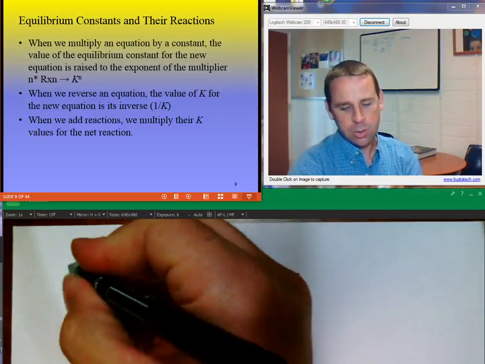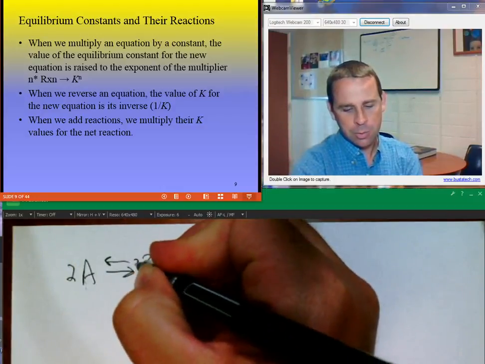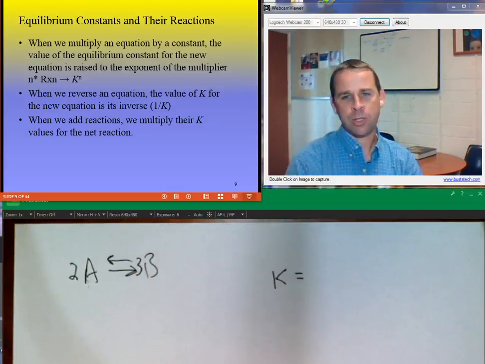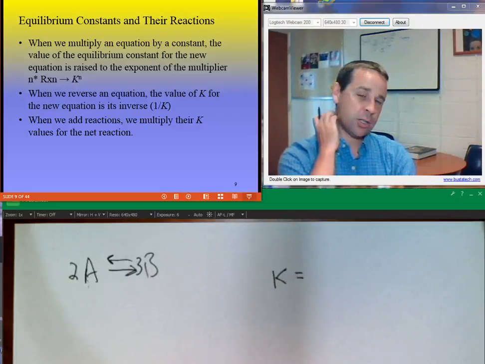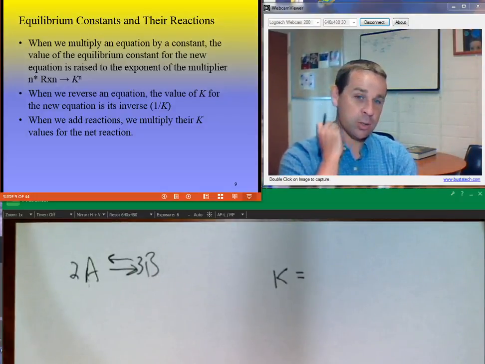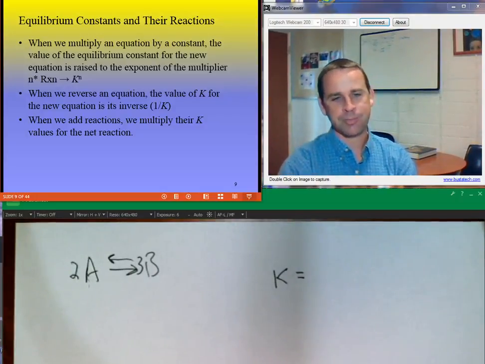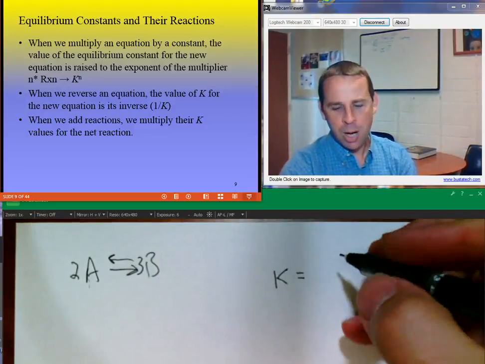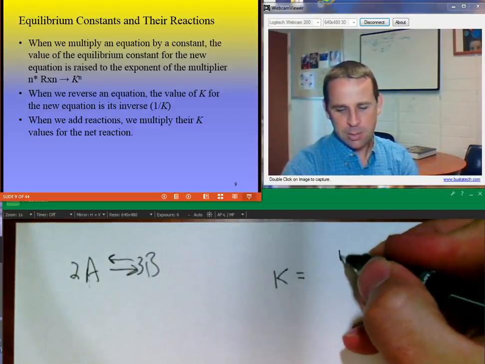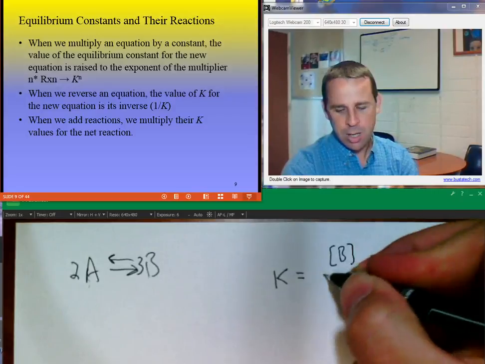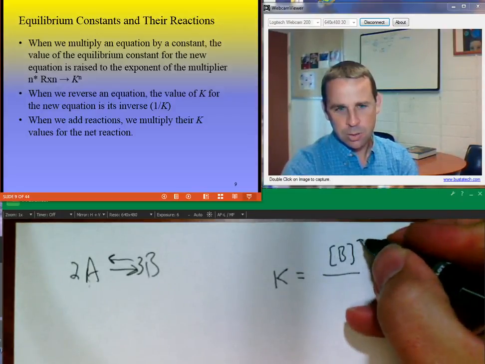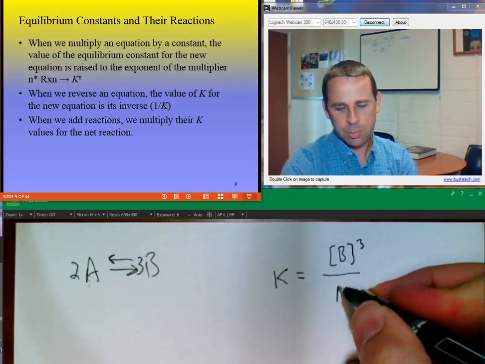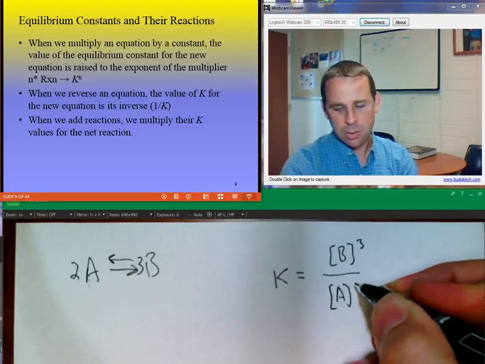Let me throw in some coefficients to make sure that we understand how to use the coefficients in the equilibrium expression. Again, I would say the products, that's B, concentration raised to its coefficient, over the reactants raised to its coefficient.